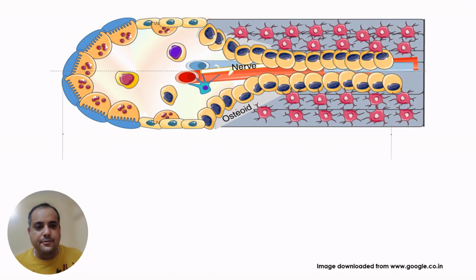Now if you look at this diagram, these are the osteoclasts. This is the internal structure of the bone. These are the osteoclasts. The cells that you have here are the osteoblasts.